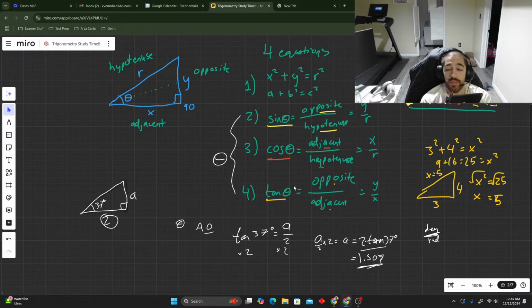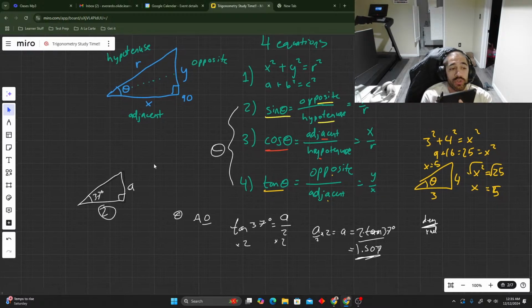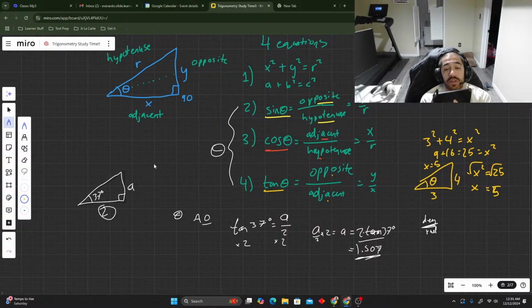Let's say we just had 3 and 4, okay? Now we wanted to find the angle, right? So we want to find the angle of this. We actually have all 3 of them, so we can use whatever one we want. We'll just use the 3 and 4 for now, if that's okay. We have an angle, so we use one of these.